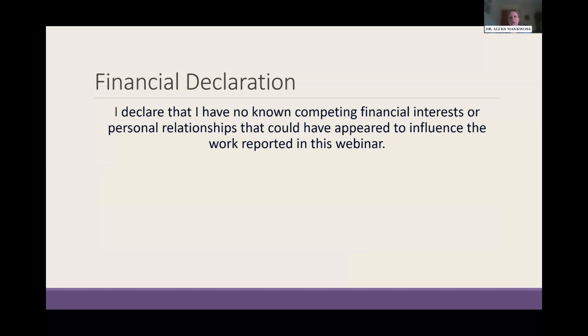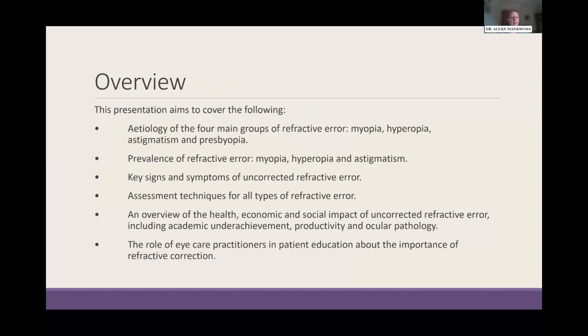Just to confirm that I have no financial interest in participating in this webinar this evening. The subject of refractive error management is central to our profession, and we should explore this topic on a regular basis to both refresh our knowledge and to remind ourselves of its importance.